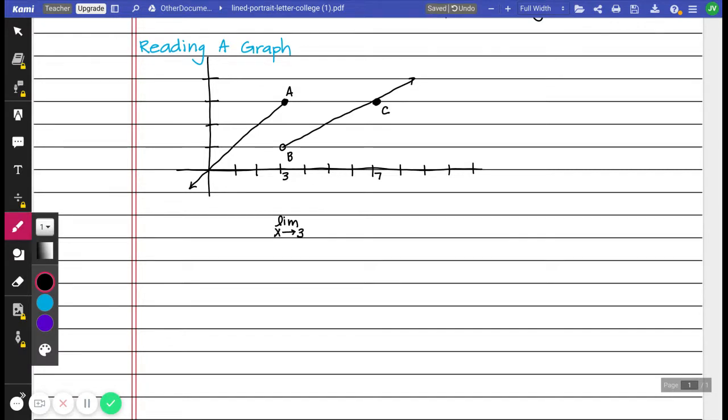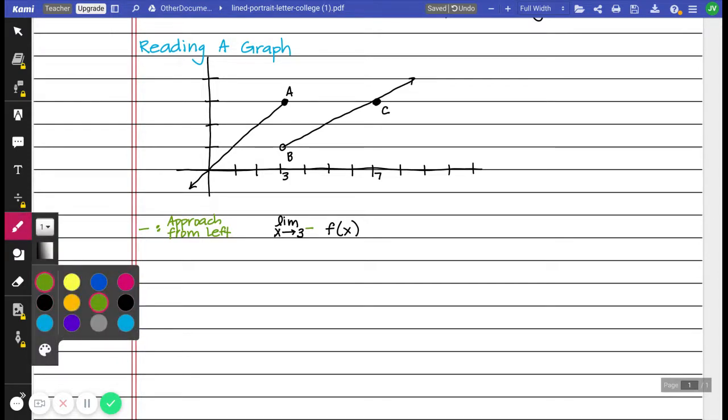The first is the limit as x approaches 3, but now we're going to approach from the left. So when I put this little negative almost in an exponent spot, it means we approach from the left. So we come from the left side of 3 and we follow the graph. So if I think about approaching 3 from the left, here's what I mean. Here's 3.